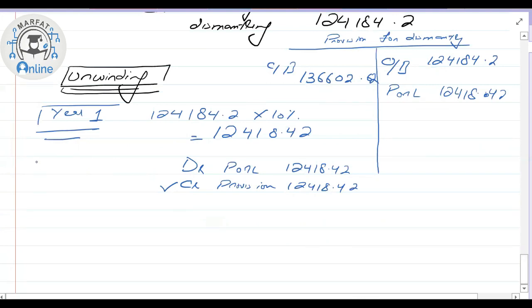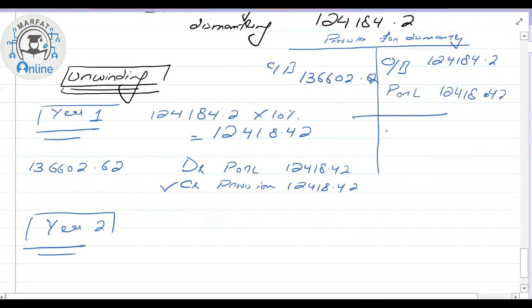So that means the closing liability after year 1 is 136602.62. Then there will be year 2. So now at the start of the year 2, we have the opening balance of 136602.62.